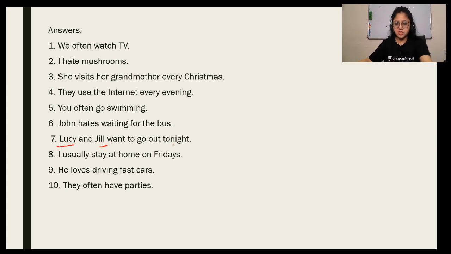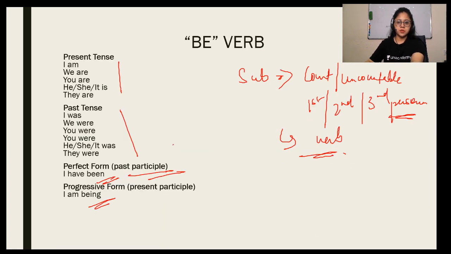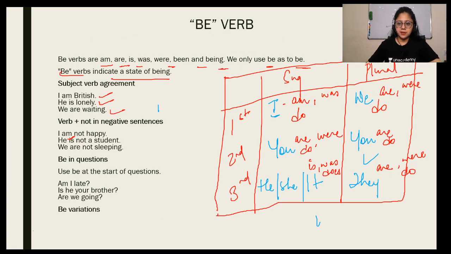Now next, I'll just explain something really important to you guys. We go back to this slide. Now, I am, was, do. So now we look at the main verbs. I like, we like, you like again, he, she, it likes, they like.